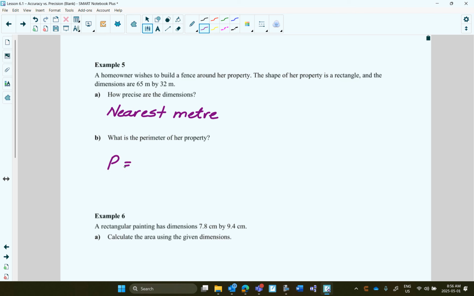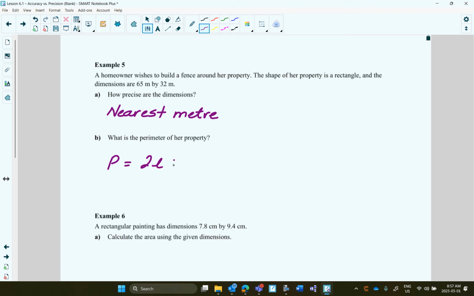Define the perimeter. I can't believe you guys, since grade 9. Like think perimeter highway. It's the distance around the city. Add up all the sides. Or in a rectangle, there's 2 lengths and 2 widths.